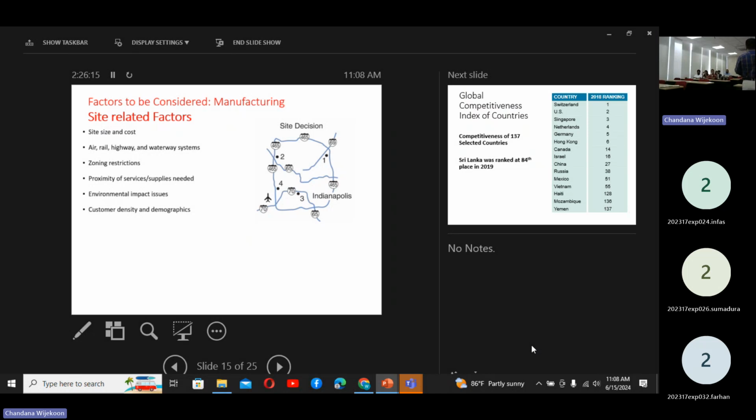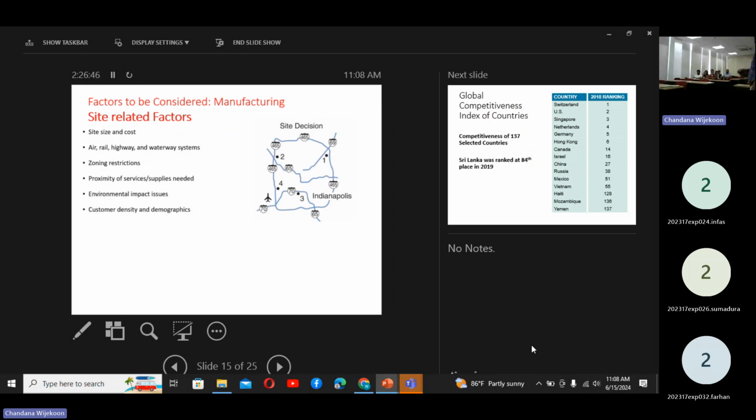Here in Sri Lanka, for BOI projects, export processing zones are open. In addition to that, industrial estates and industrial zones are developed and provided special facilities and additional support within those zones. Right? And such factors would be considered when selecting sites.